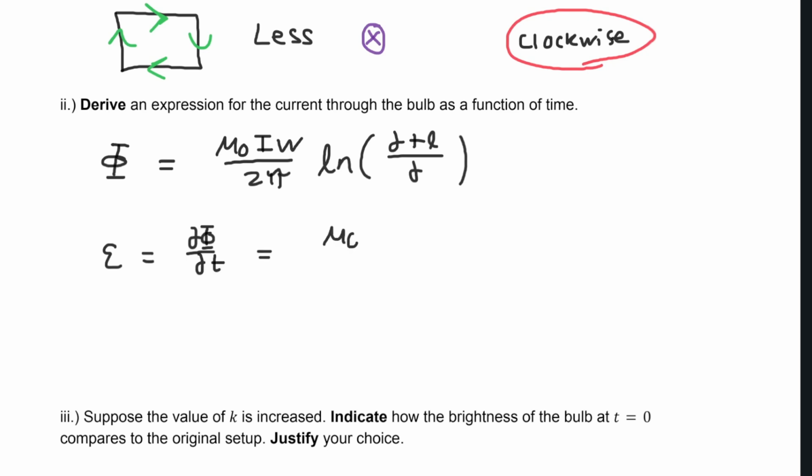And I can actually bring everything out of this expression except for the one thing that's changing, which is the current.